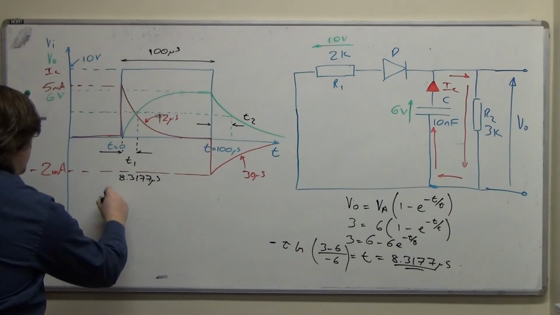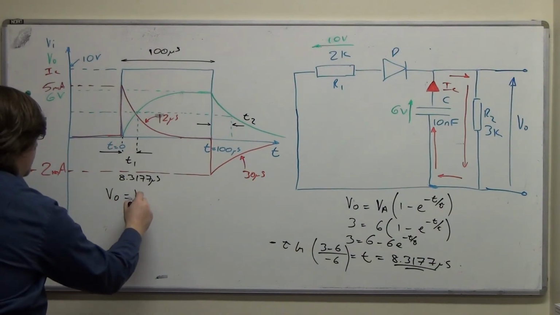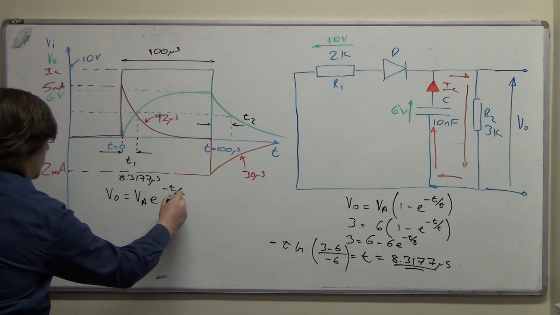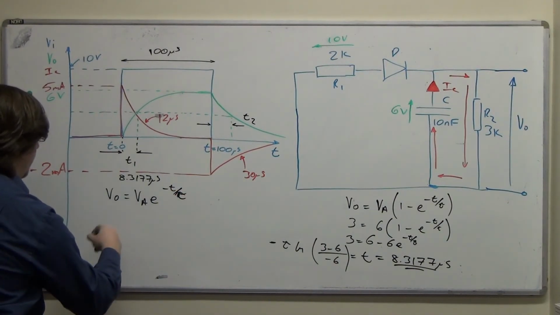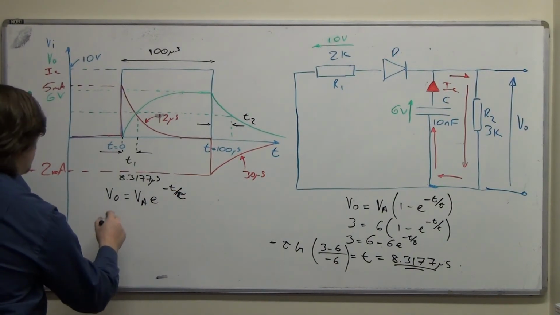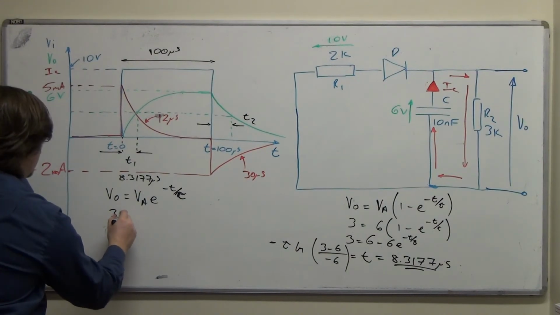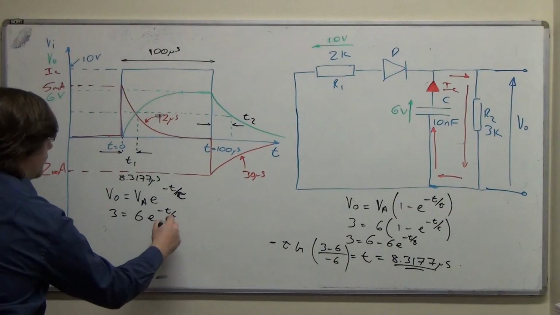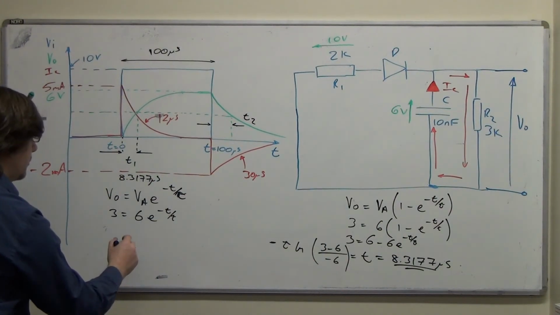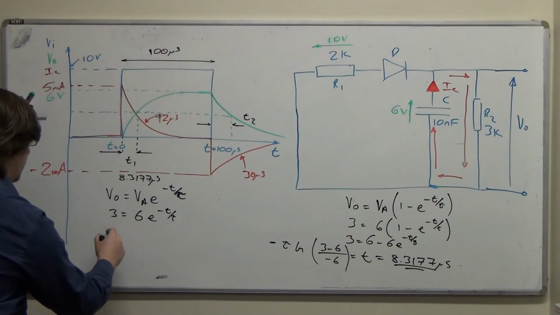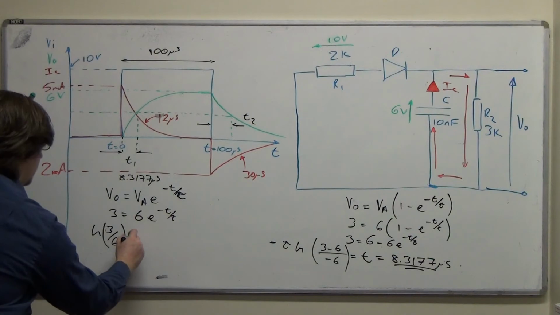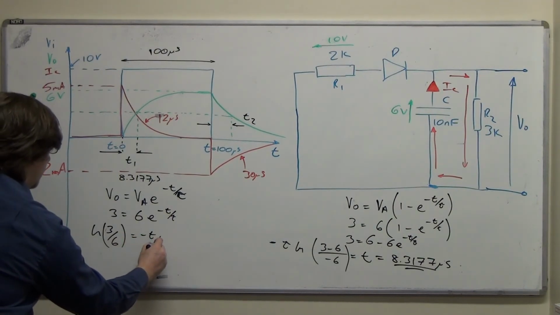Then for T2, we've got the equation for this exponential, which is V out equals VA e to the minus t upon tau. We'll sub in the numbers, and of course 3 is equal to 6 e to the minus t over tau, and tau is 30 microseconds this time. So we'll divide through by 6, so we end up with 3 upon 6, and the ln of that is equal to minus t upon tau.